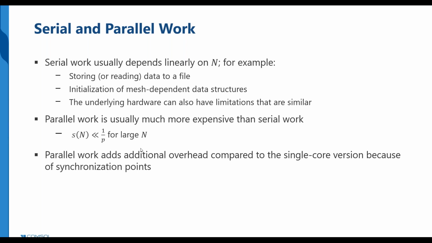We have focused on these parts. And then there are other parts that are inherently serial. For instance, reading or writing to file, initialization of certain data structures, allocating memory is an inherently serial operation, etc. And on top of that, as I mentioned, performing the parallelization gives a bit of overhead.